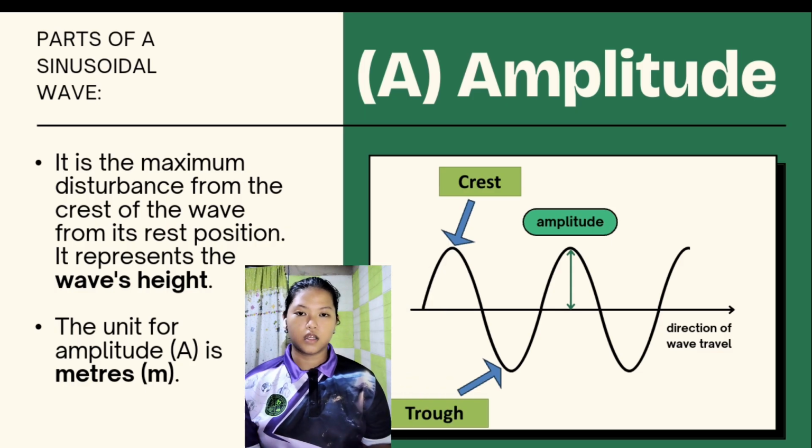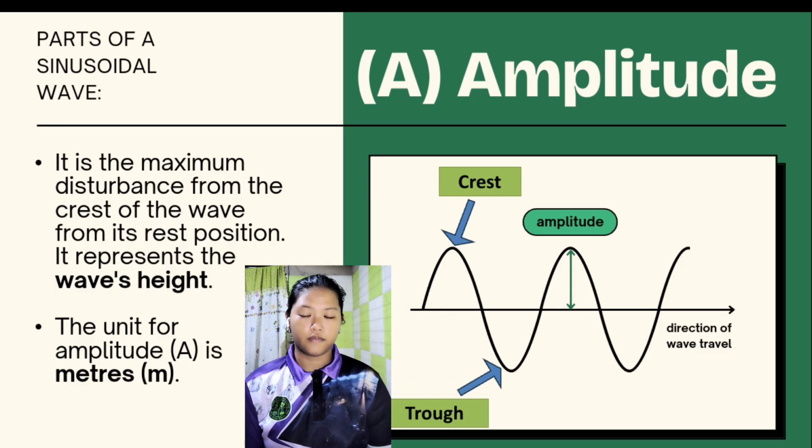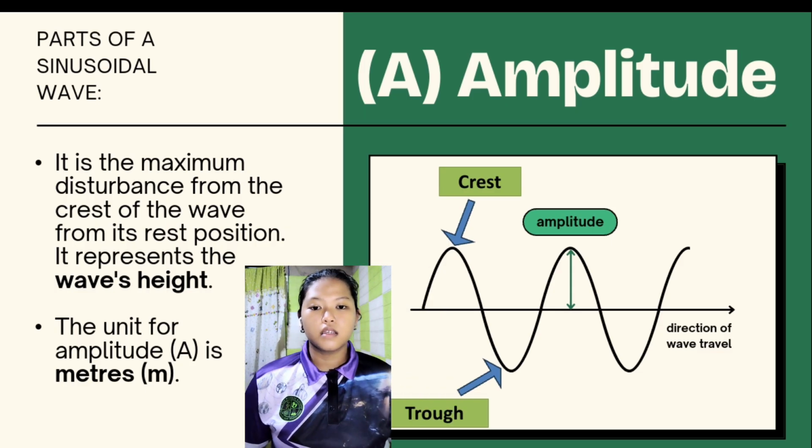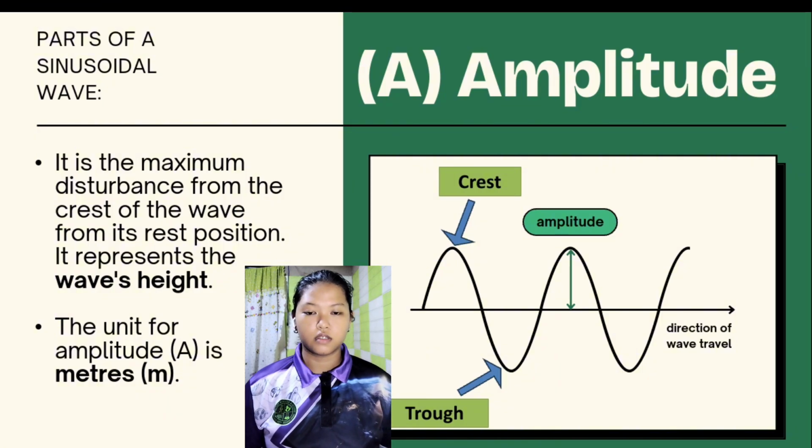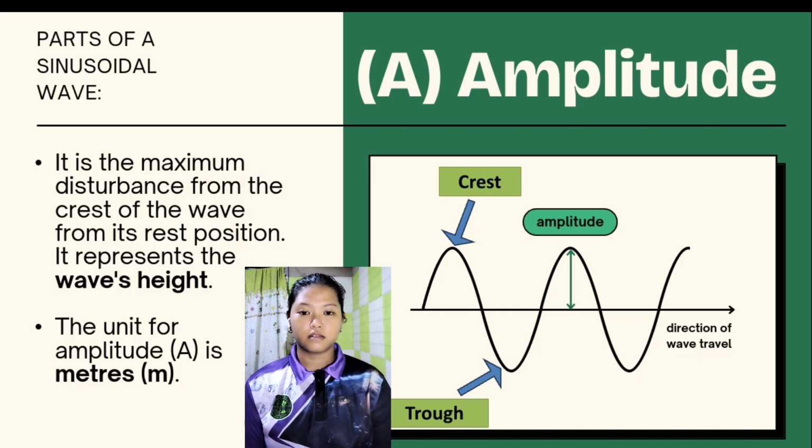So let's start with the amplitude. It is the maximum disturbance from the crest of the wave from its rest position. It represents the wave height. The crest is the highest point of the wave, while the trough is the lowest point.